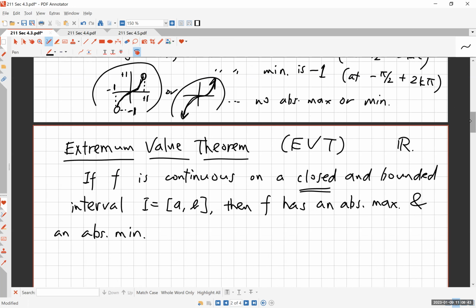Don't worry about that part. It's also open, but don't worry about that either. But that's why we have to have this word bounded. If you bound this, like say from -1 to +1, then the continuous function has to have an absolute minimum and absolute maximum. This one does not, because the domain is not bounded, even though the function is continuous.